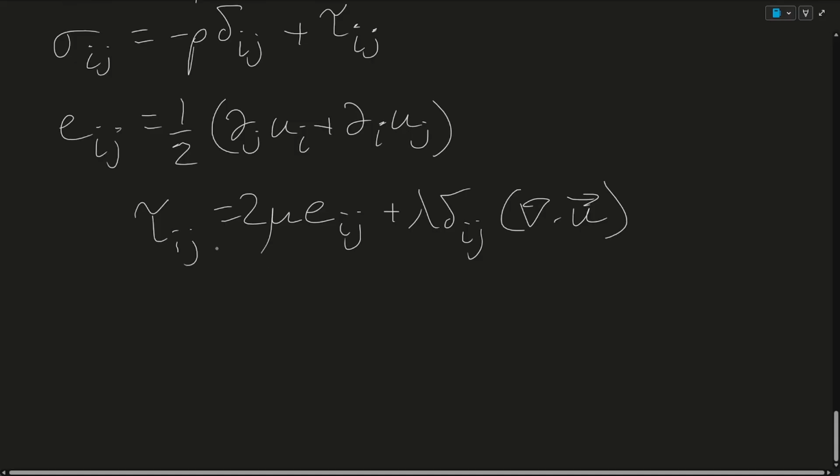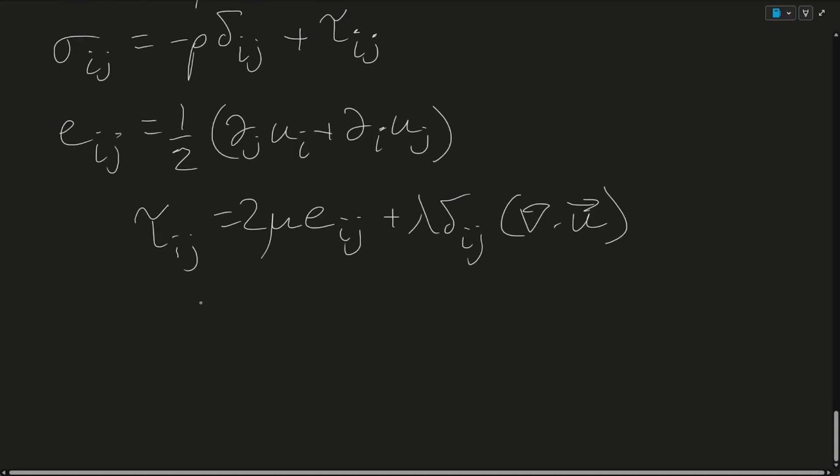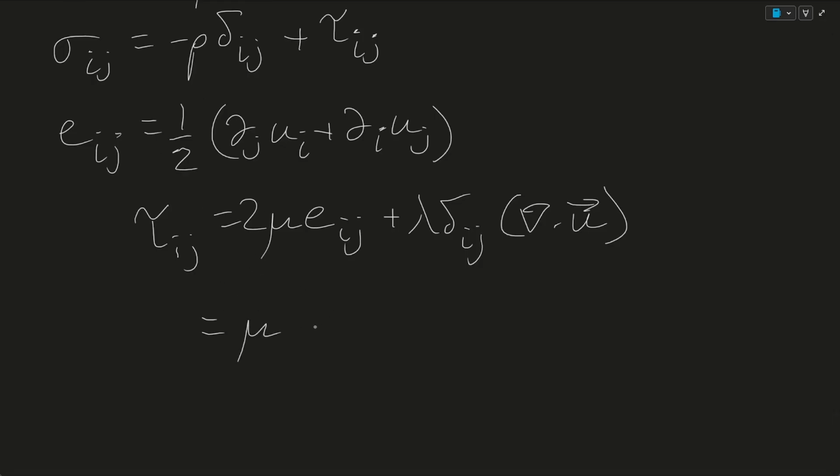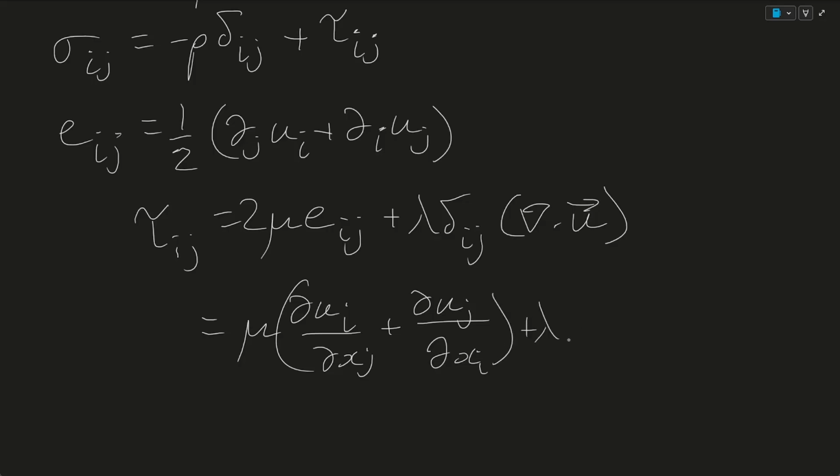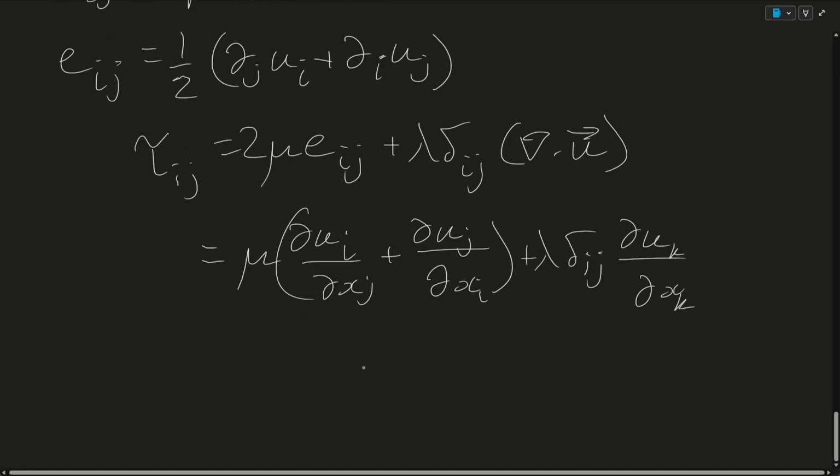And we can substitute the e ij into there, which is just going to be the halves cancel out, so it is mu times, and I'm going to write this out in full now, just for the sake of completeness, partial ui over partial xj plus partial uj over partial xi plus lambda delta ij times the partial of uk over partial xk, and that's just a different way of writing our divergence there.